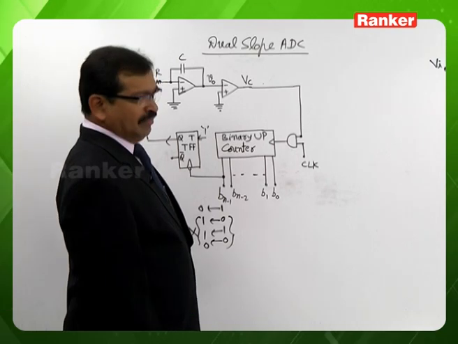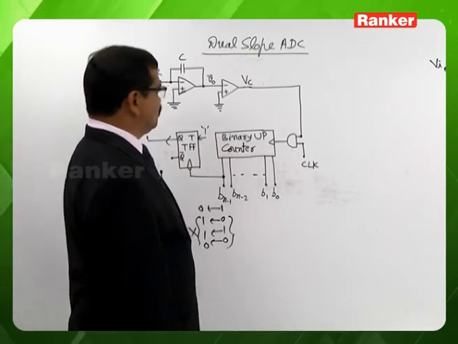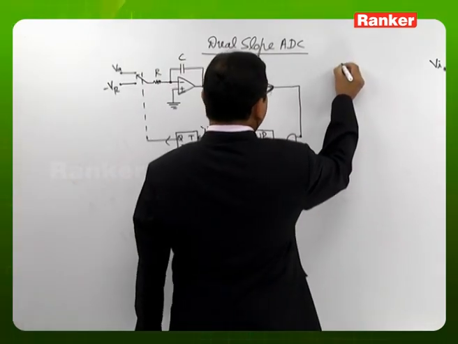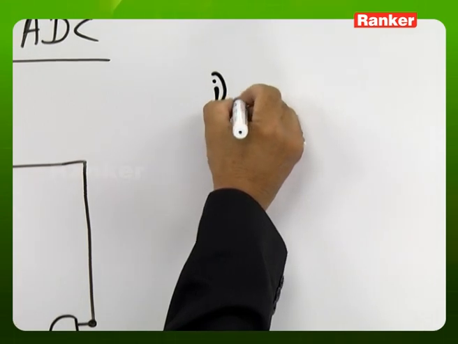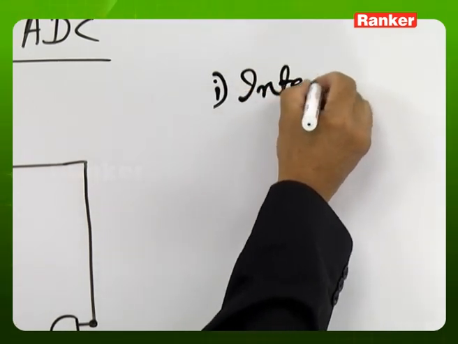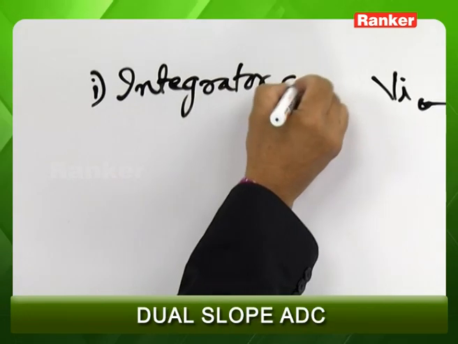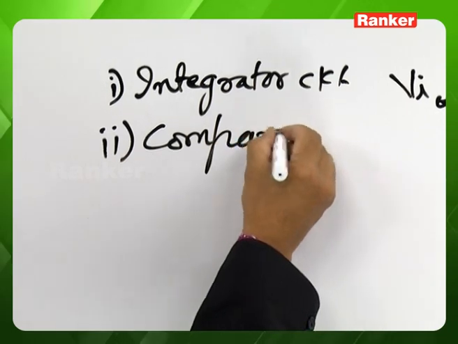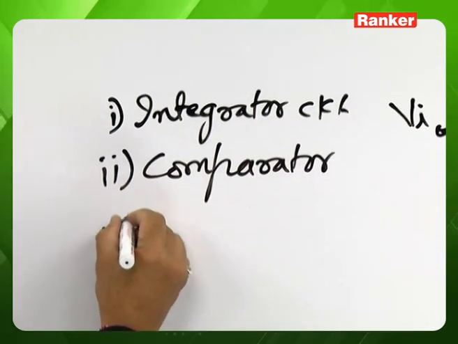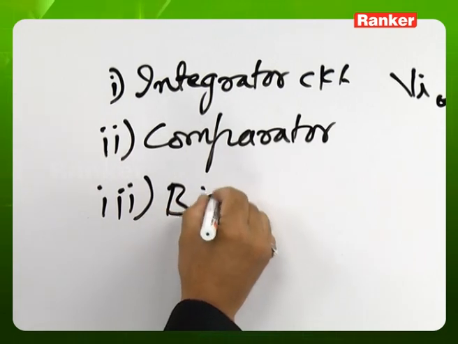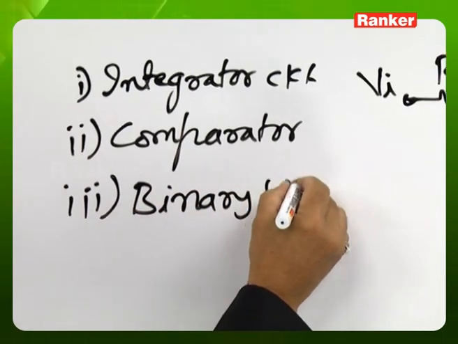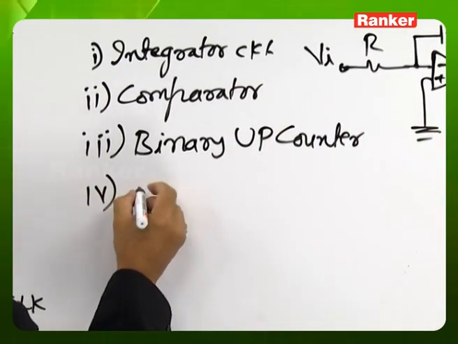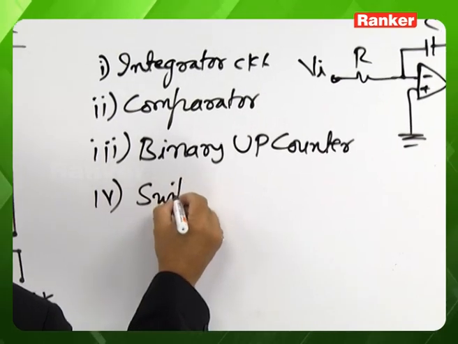So these are the various blocks what we are looking at in this dual slope analog to digital converter. Based on this description, the dual slope ADC is having one block, the integrator circuit, one block, the comparator, next the binary up counter, and the last one, the switch control circuit.